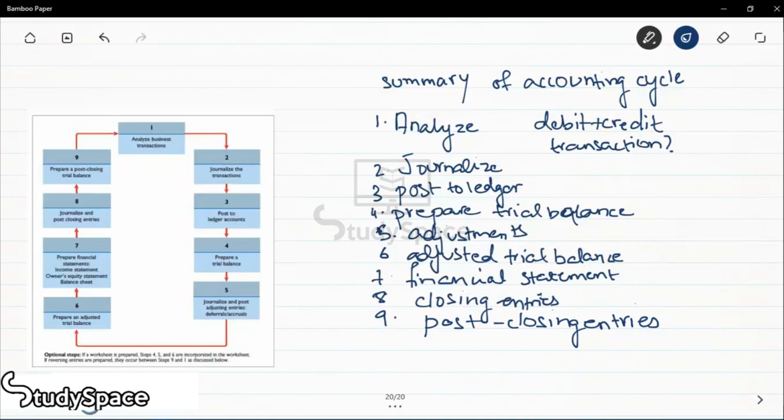And these steps would be repeated every year throughout the books of accounting.